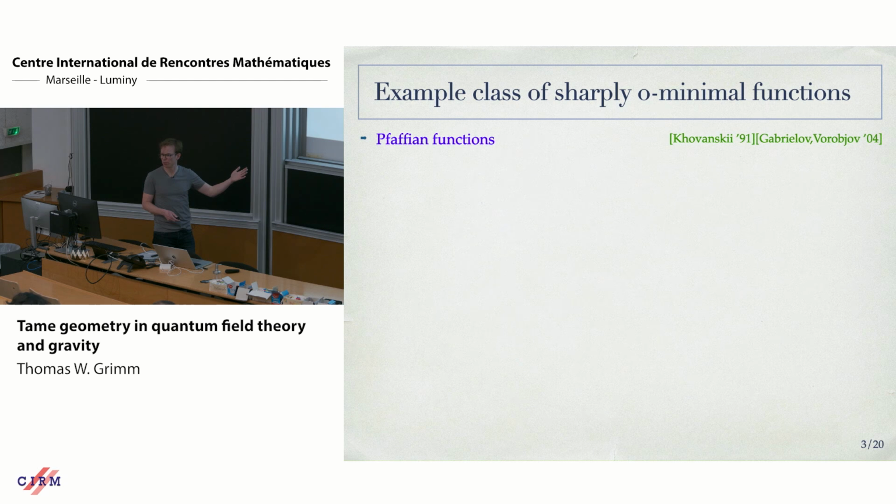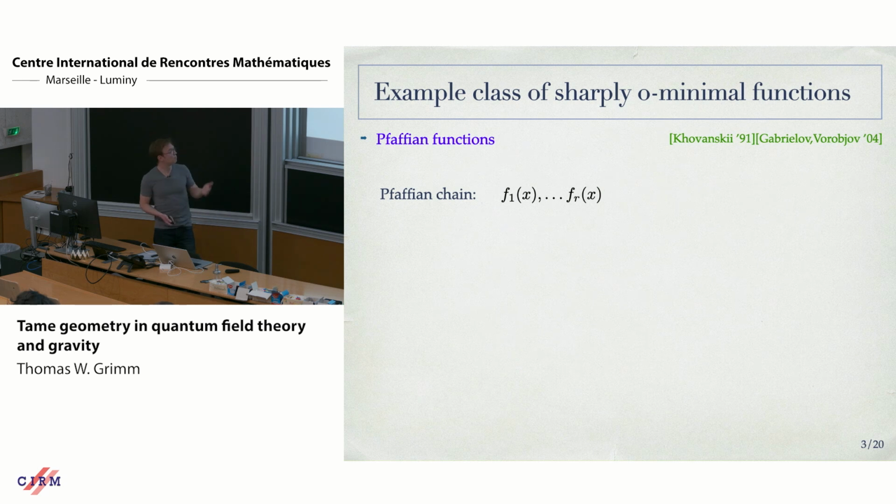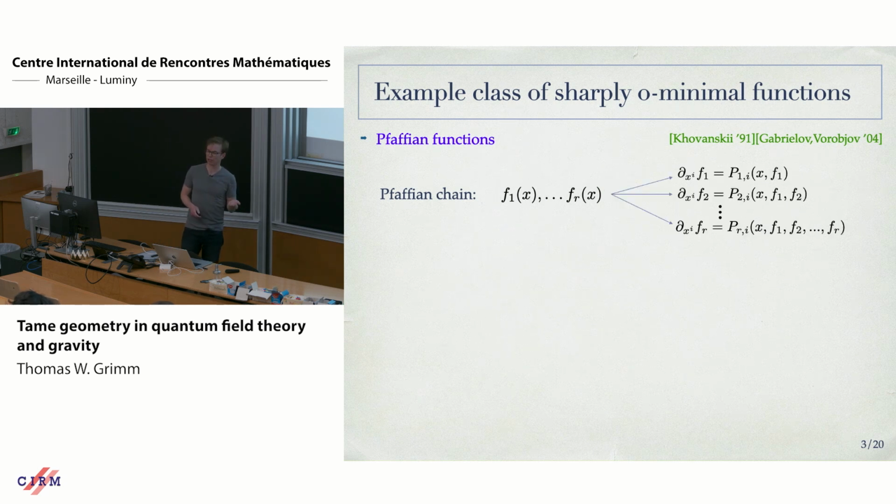You probably have heard about this in the beginning of the workshop, but I repeat it quickly such that we are all on the same page. So for Pfaffian functions, what are they? They are built out of building block functions, which I call f1 to fr, which are a Pfaffian chain. And again, they satisfy some differential equation, where on the right-hand side you have polynomials.